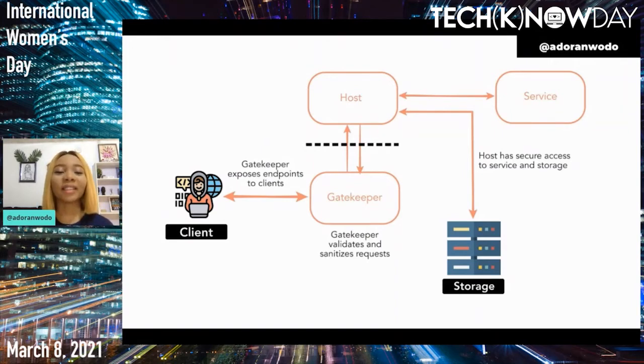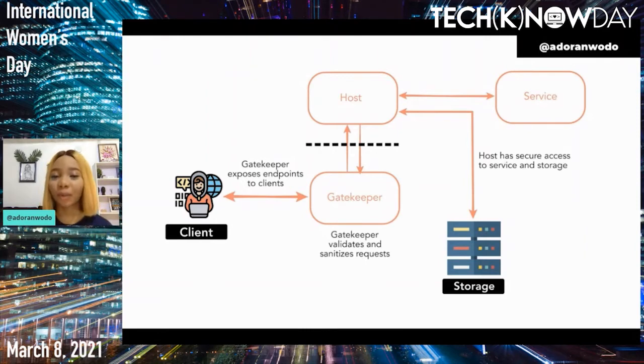The gatekeeper is what is exposed to the client making any form of request to your application. The gatekeeper receives the request, validates it and sanitizes it. If it's an invalid request, then nothing happens after that, though that's more of an implementation detail. You can decide what you want to happen if the request is invalid.